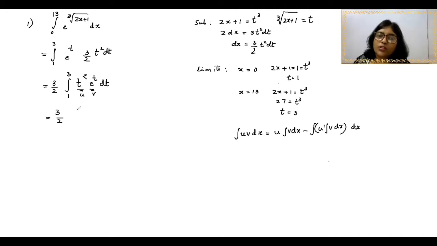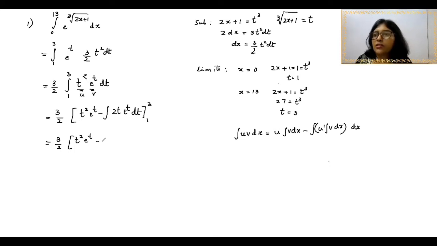So 3 by 2. Let's integrate this: t square e raised to t minus, as you see, u dash is 2t, integration of e raised to t. After integrating, once again we have t e raised to t. We will have to integrate this once again with the formula uv of integration. That's integration by parts. So 2 here outside.